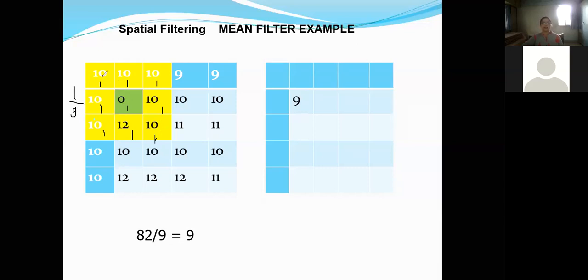So basically we need to add all these numbers and then divide by 9 to get the operation of an averaging filter. Right? All of you are familiar with this operation.